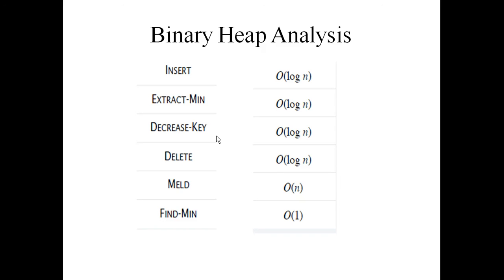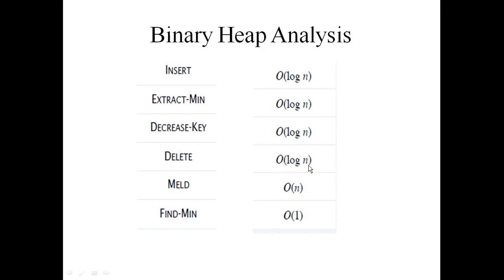To restore the heap property, we have to perform a sequence of exchange operations, which will again affect only half of the heap. So in this case also the complexity would be log n, because it affects only half part of the heap. Similarly is the case with the delete operation. Delete and extract min are similar operations, the way in which we perform them is almost similar. So in case of delete also the complexity would be log n.